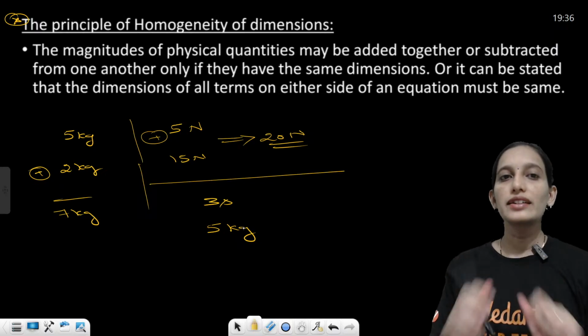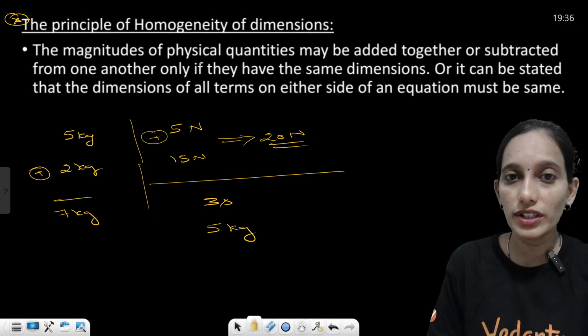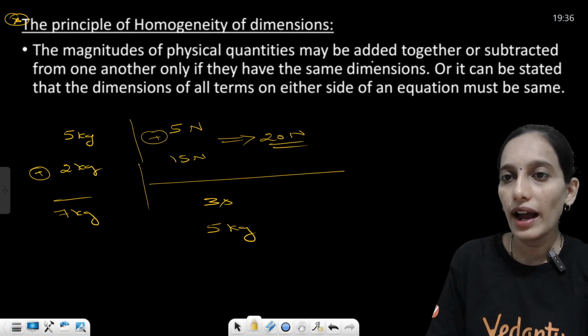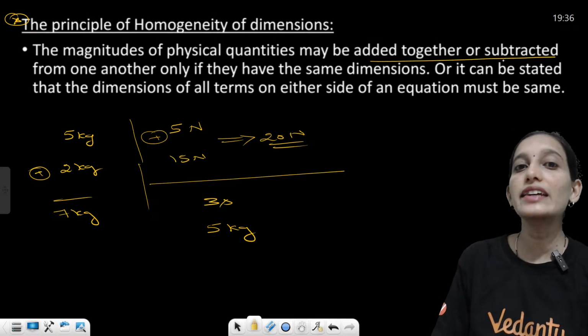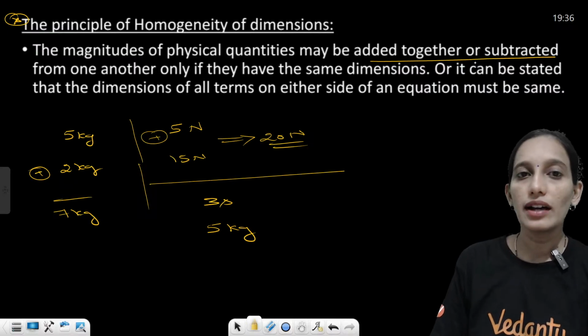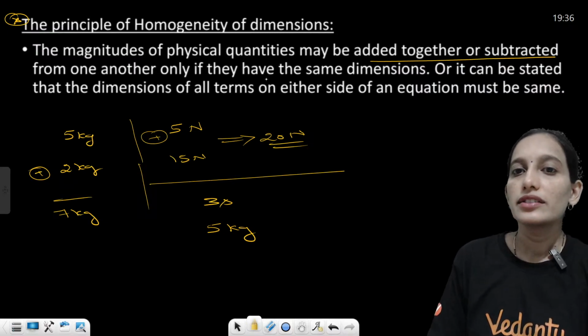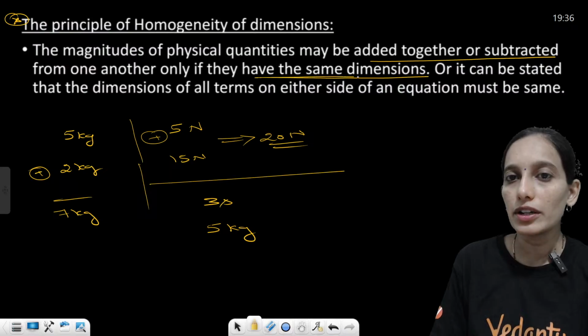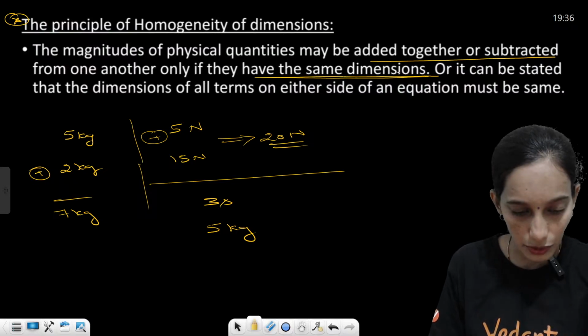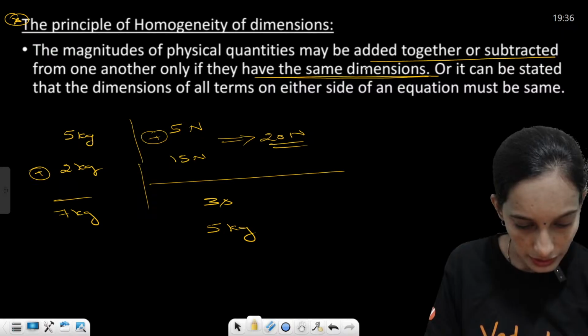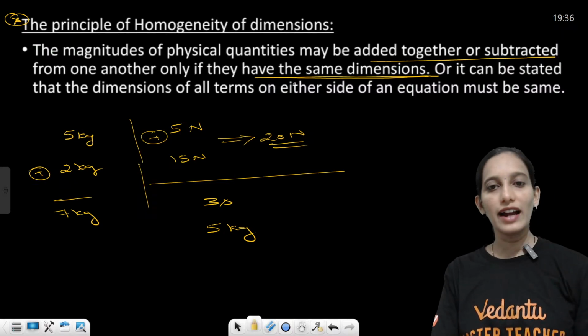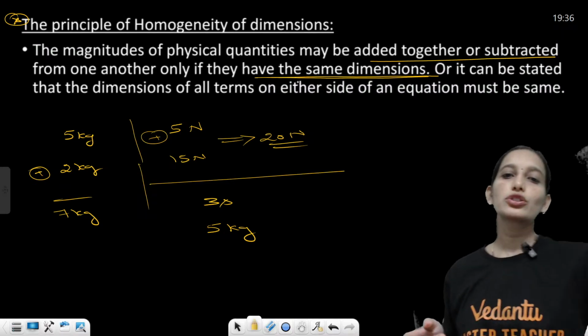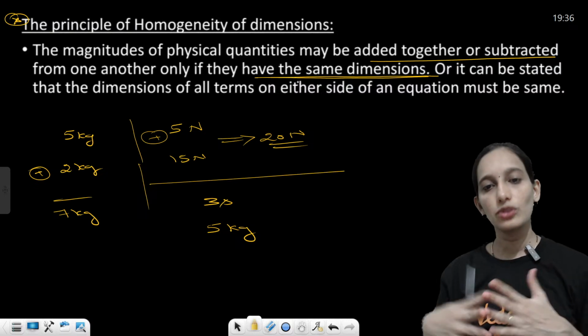Okay, so that is what the principle of homogeneity is. If I have to add or subtract any physical quantity, the thumb rule is that they should have the same dimension. This is very, very, very important. Yes, Prarthana, thank you for your response. We cannot add time to mass, mass to force, force to something else. No, right?